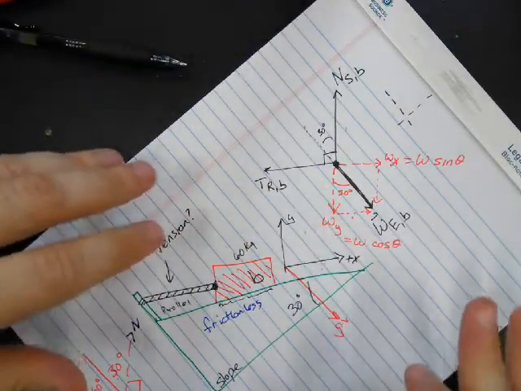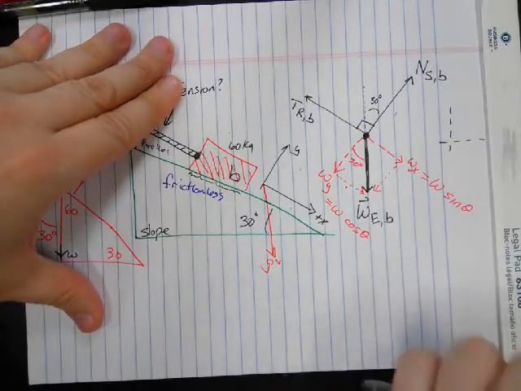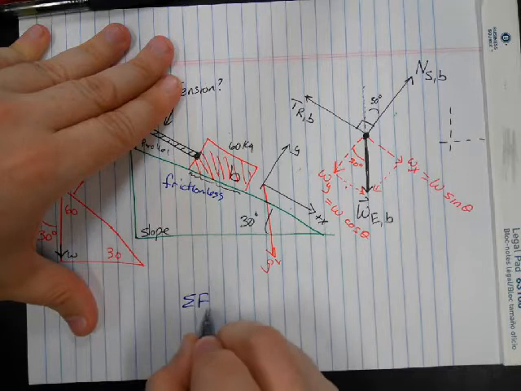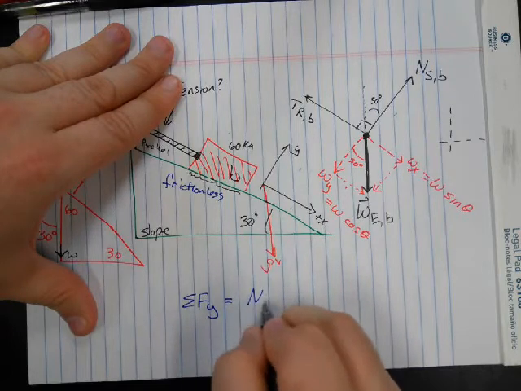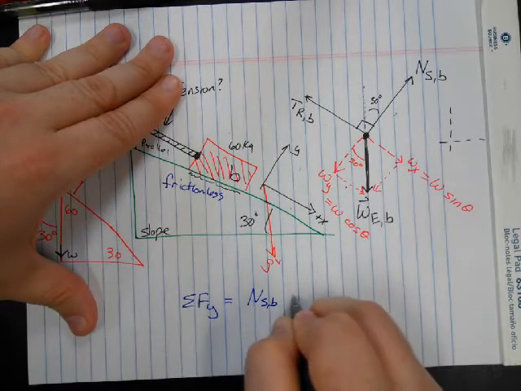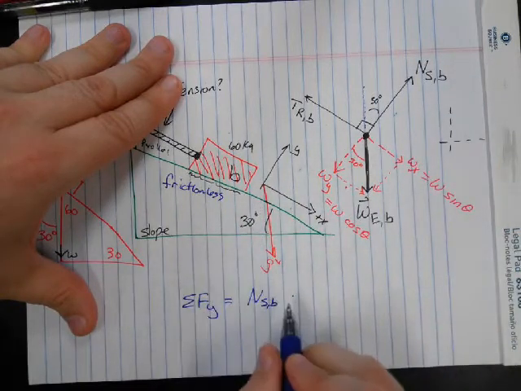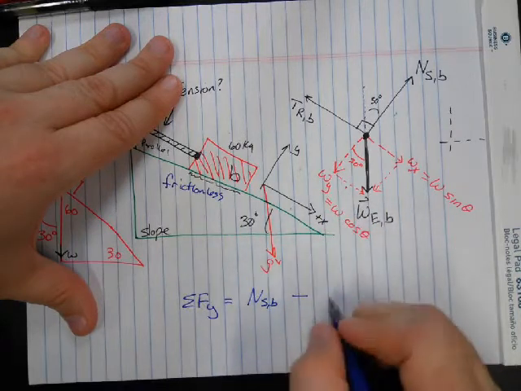All right, so now I've got to rotate this back so that I have some paper under me, and we can write some of the forces. In our y direction, it's going to be the normal force, which is positive, it's upwards, and we're going to subtract out the y component of the weight force.